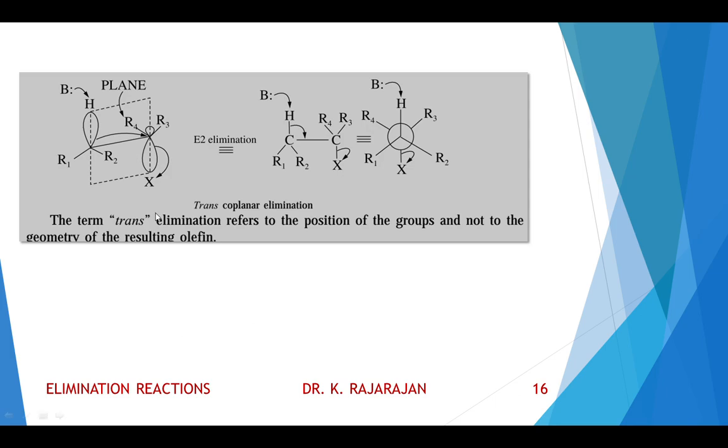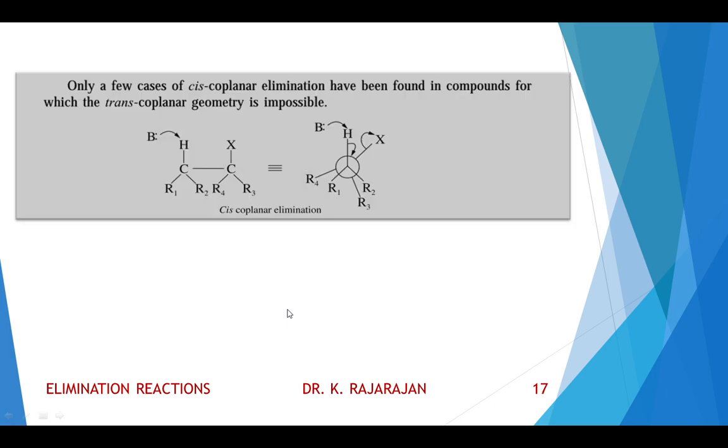Here you are having X, here you are having H, and these two are opposite to each other. So the term trans elimination refers to the position of the groups and not to the geometry of the resulting olefin. Only a few cases of cis coplanar elimination have been found in compounds for which the trans coplanar geometry is impossible.